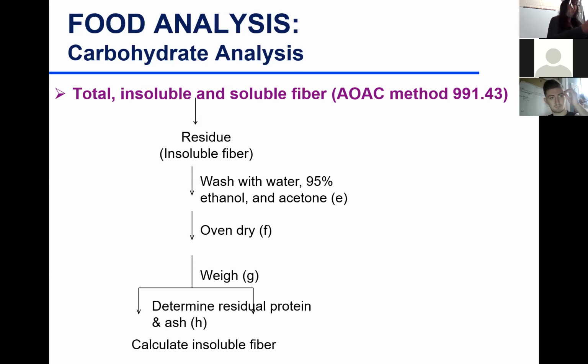So we have to do two samples individually, one to ash and one to do protein on, so that we can get the amount of ash and protein and subtract from the weight of the total residue we have. Then we can determine how much dietary fiber we have that is specifically insoluble dietary fiber. We don't do this in the lab just because it's a lengthy procedure. It will never finish from beginning to end in one lab period.